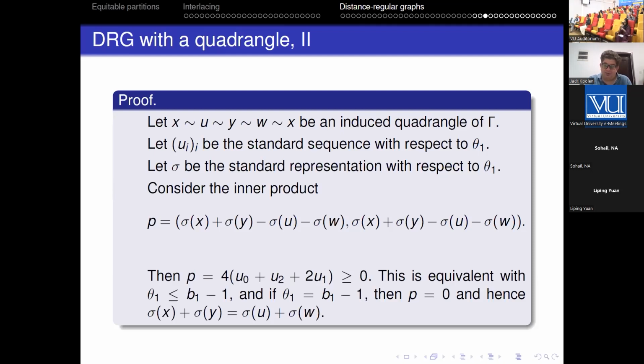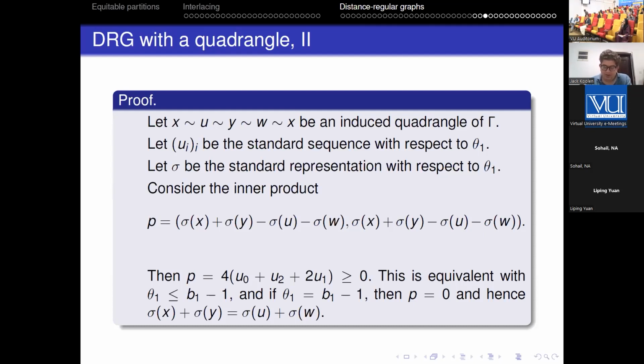Then you can also calculate it's 4 times u_0 plus u_2 plus 2u_1. And with a little bit of calculation, you can see that this is equivalent to θ_1 being at most b_1 minus 1. This is not difficult, you can do it yourself.